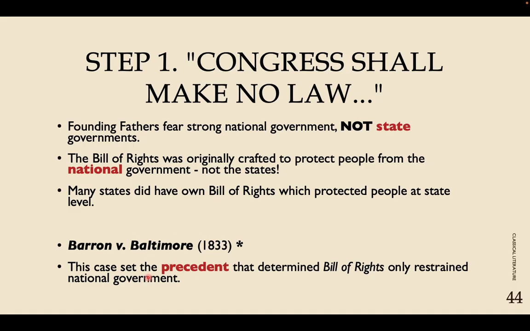So Baltimore, the state, is doing this. Barron is a guy who owns a wharf where ships can load and unload, up the river a little bit in Baltimore, and because it's so deep, you can get really big cargo ships in there.